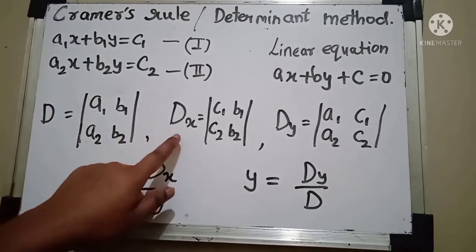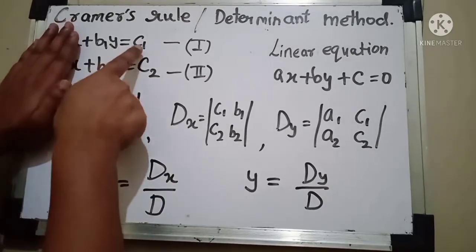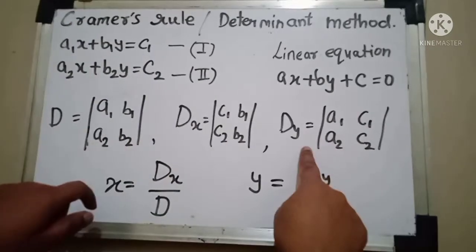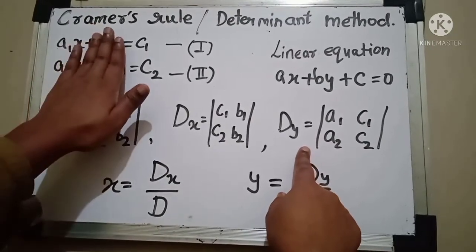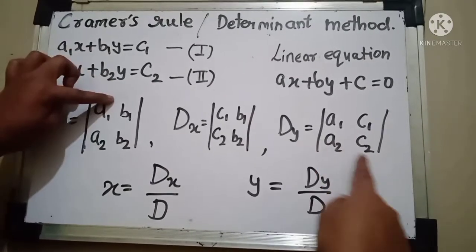Next, Dx: in this x part you will not use the x terms, you will start from c1 c2 and b1 b2. And in Dy you will not use the y terms, you will start with a1 a2 and c1 c2.